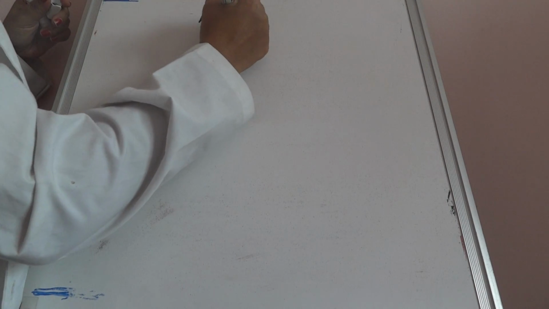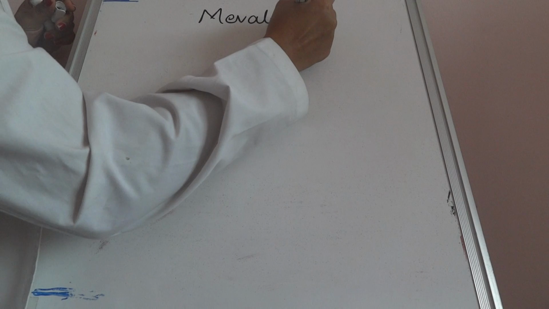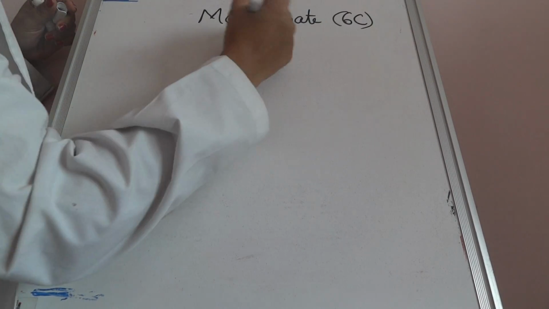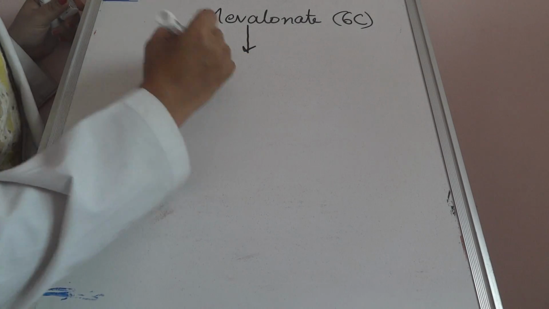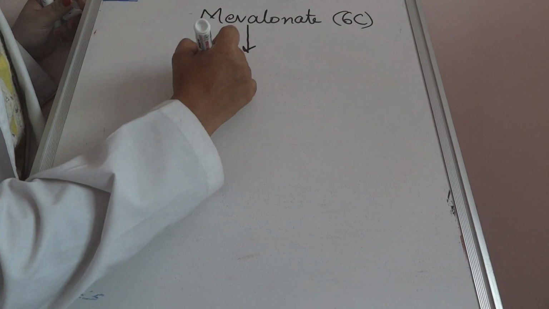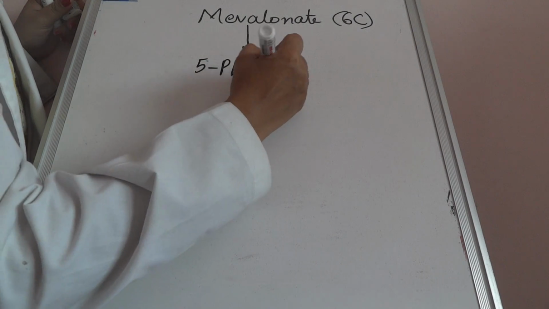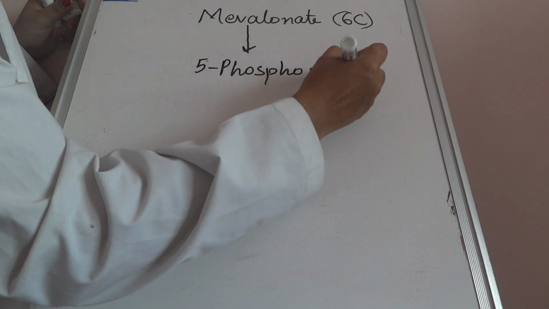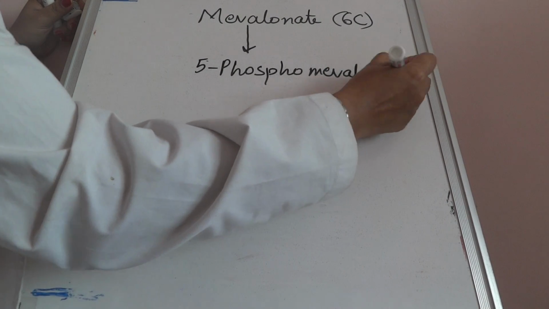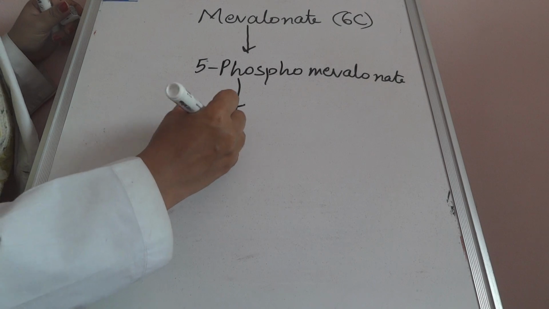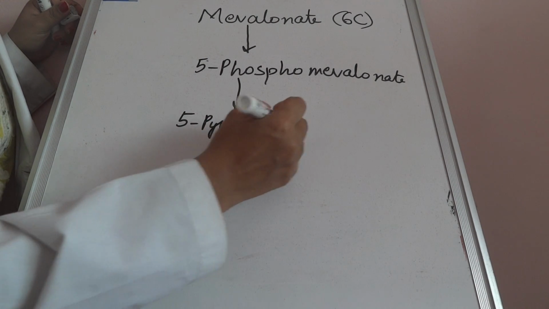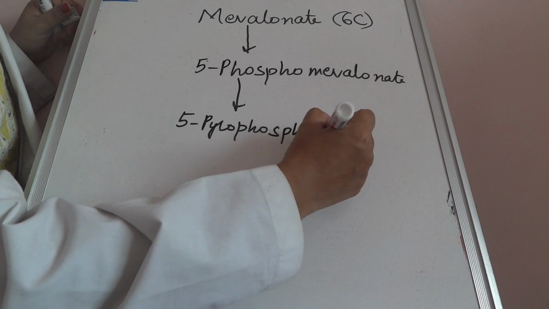Mevalonate is a 6-carbon compound. Now we keep on adding phosphate groups. It will form 5-phospho mevalonate. Again we add one more phosphate molecule. It will form 5-pyrophospho mevalonate.